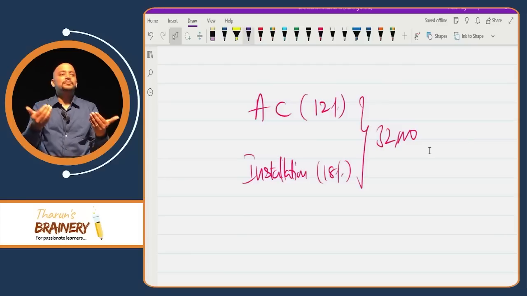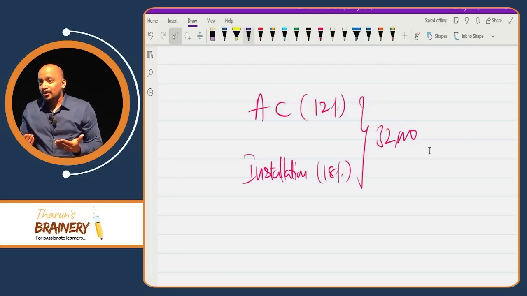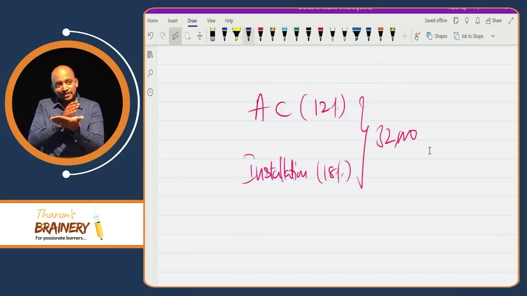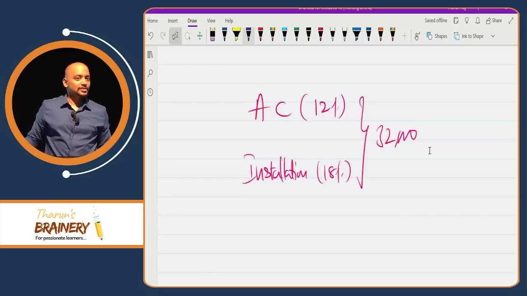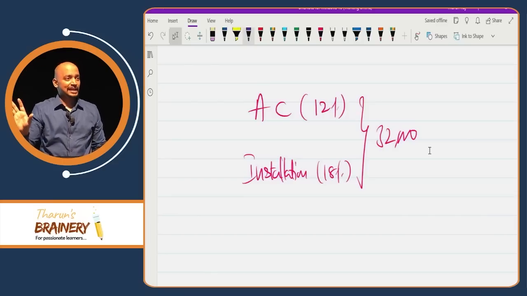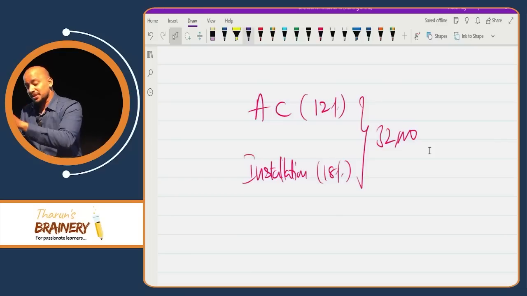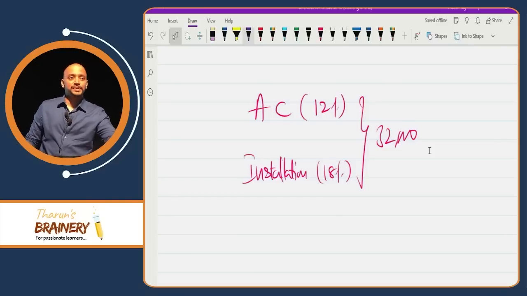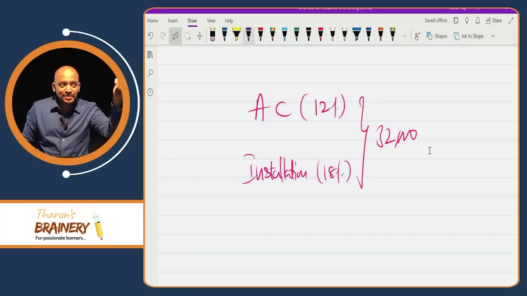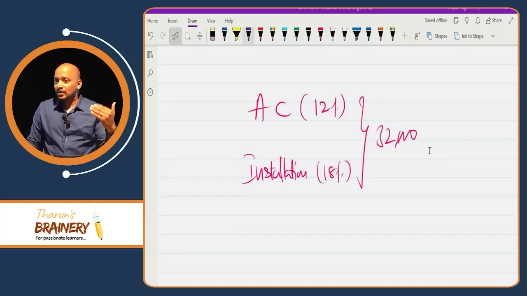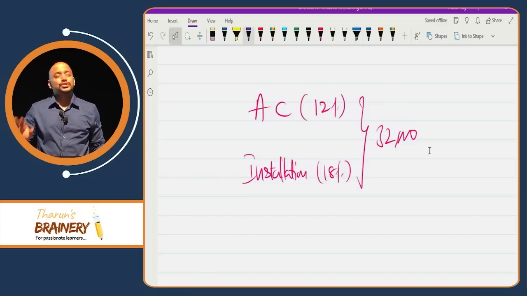Exceptions will always be there, but we should not consider them in the ordinary course of business. Usually AC means they will do installation also. So naturally bundled. The second condition is also satisfied.